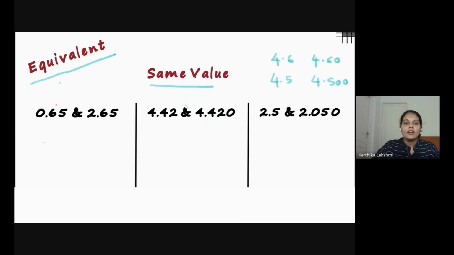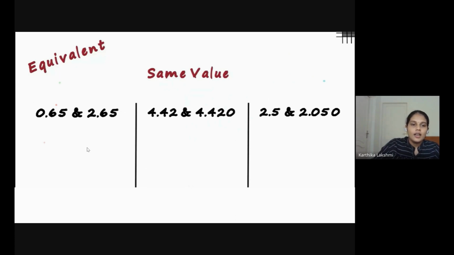Here are some examples. You have to be very careful. Here you can see this is the integral part, and there it is 0. In the other number, the integral part is 2.